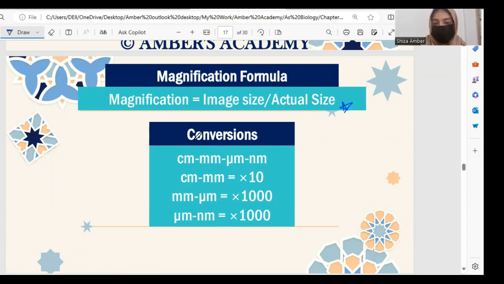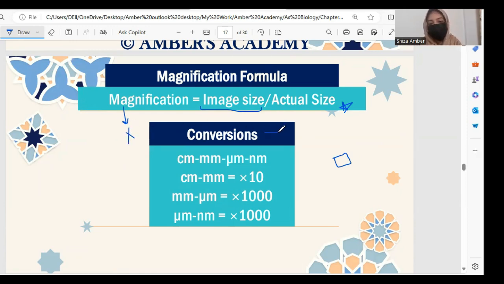Image size is the value that we are going to find from magnifying the object, while actual size, for example if this is an object, is going to remain the same, but with the help of magnification we are able to enlarge it, and the enlarged image gives us image size. Okay? And for magnification, what sign do we write before mentioning the value of magnification? X. X, perfect.